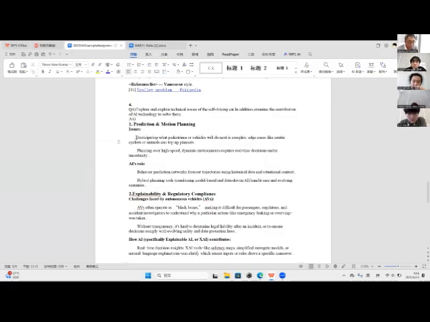Anticipating what pedestrians or walkers will do next is complex. Edge cases like erratic cyclists or animals can trip up planners. Planning over high-speed dynamic environments requires real-time decisions under uncertainty.